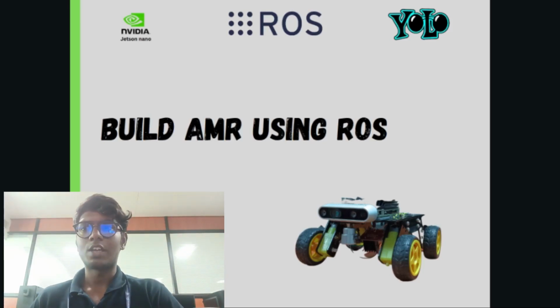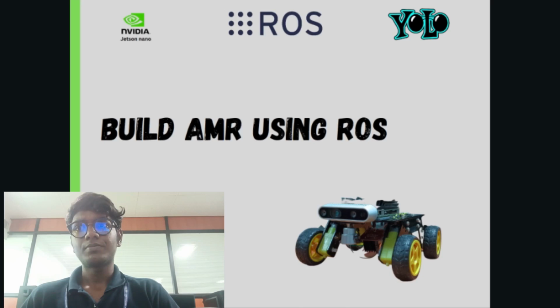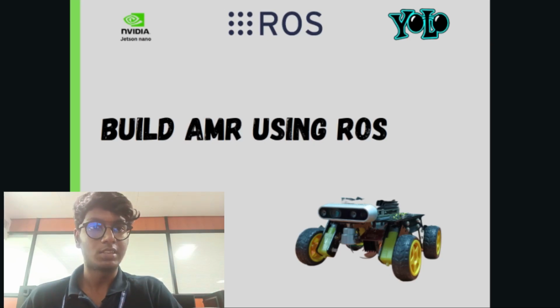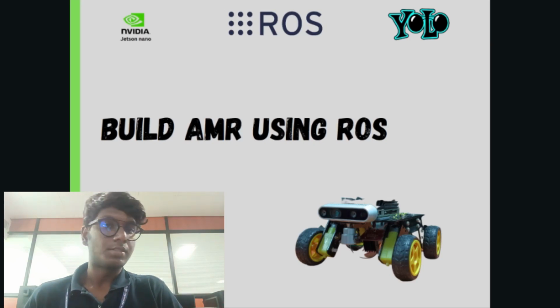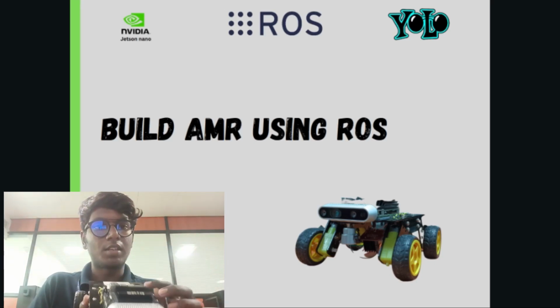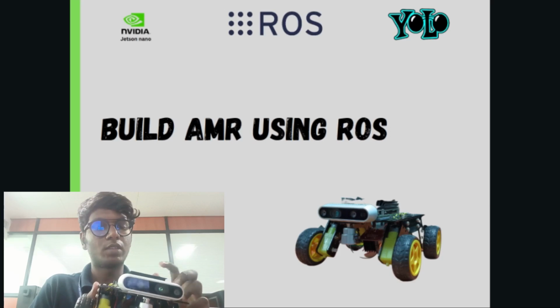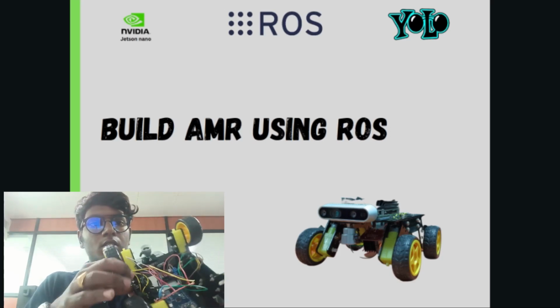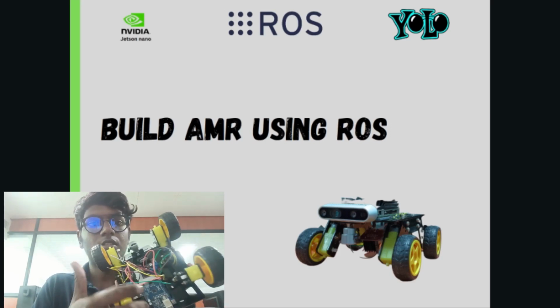In this tutorial we are going to see how to build an AMR using a depth cam, an Intel depth cam, and an RP LiDAR with the use of an NVIDIA Jetson Nano. I'm going to explain the steps and the things involved in this tutorial series. First, this is the board. I already built a depth cam and the Jetson Nano with a Wi-Fi dongle, and the motor driver is an Arduino.